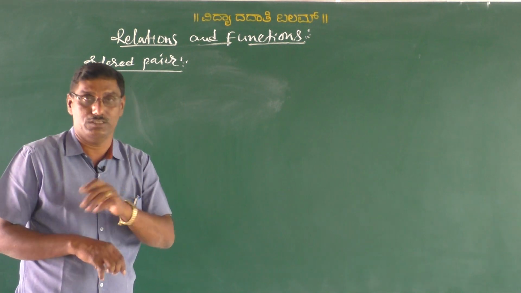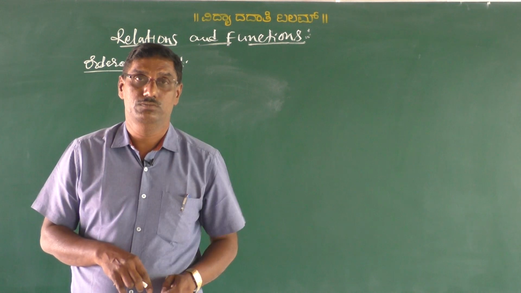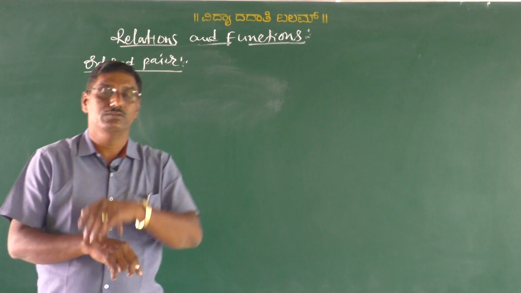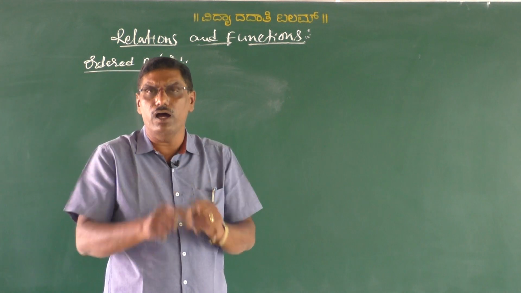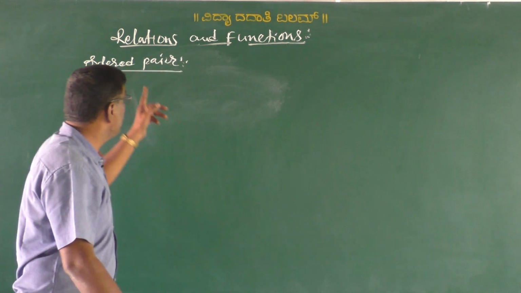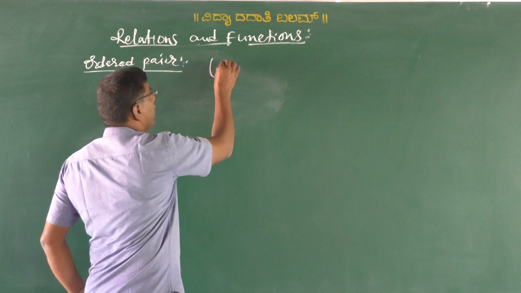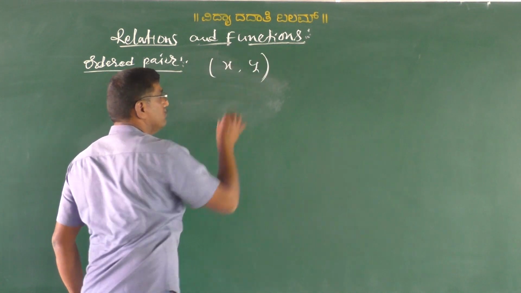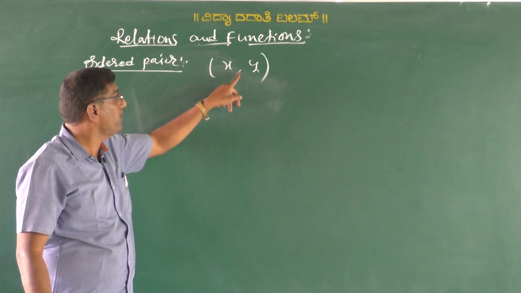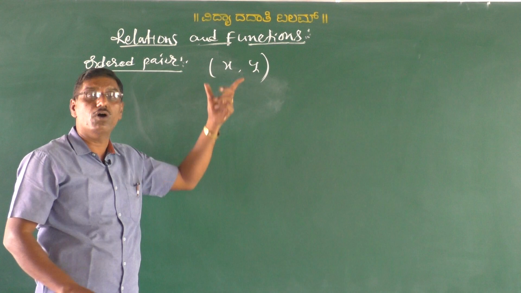we have to list according to some particular order or specific order, separated by a comma and enclosed in a small bracket. Such an ordered pair can be expressed as ordered pair (x, y). Here these are the two elements which are separated by a comma and enclosed in a small bracket.